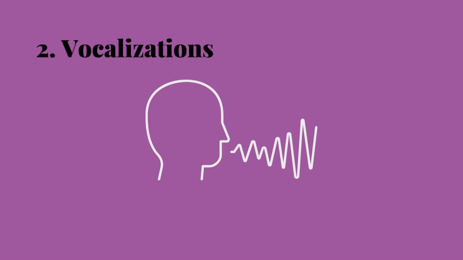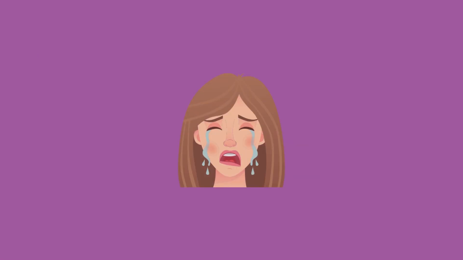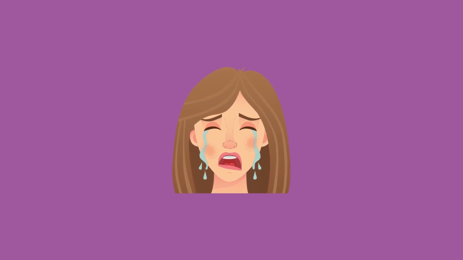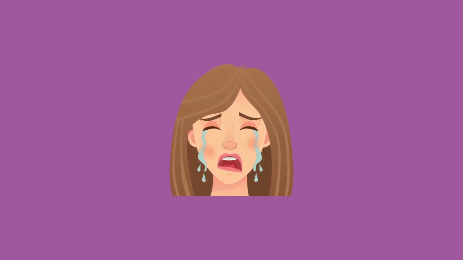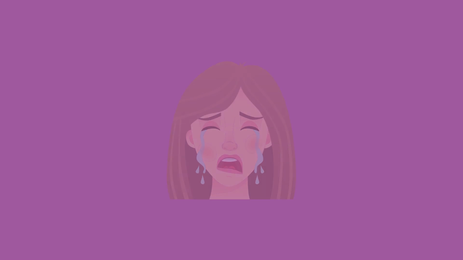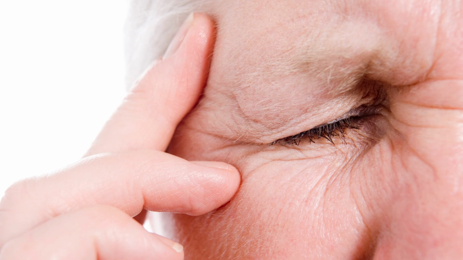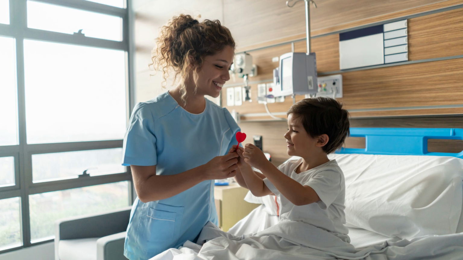A second observation you will want to make is observing the patient's vocalizations. Observe if the patient is moaning, crying, asking for relief, saying something hurts. Take note of these vocalizations so you can act in the best interest of your patient. A third observation to note is the patient's facial expressions. Are they grimacing or wincing? Are they smiling or laughing?